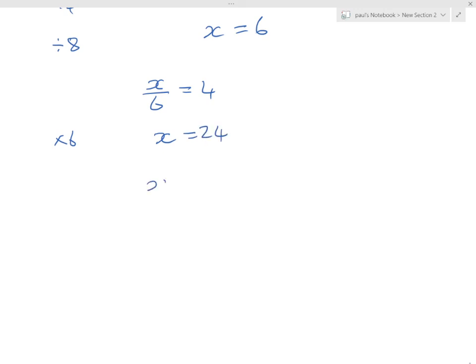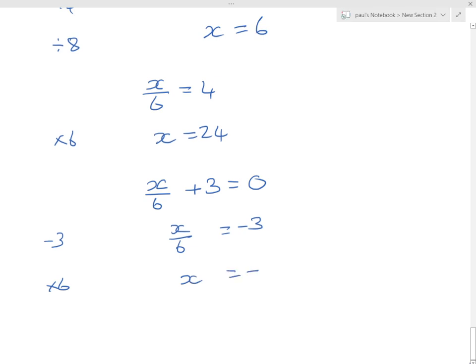But if we have x over 6 plus 3, equals nothing. We need to minus 3 first. So that will be x over 6 equals minus 3. And then we need to multiply by 6. So x will equal minus 3 times 6 is 18, but it's minus 18.